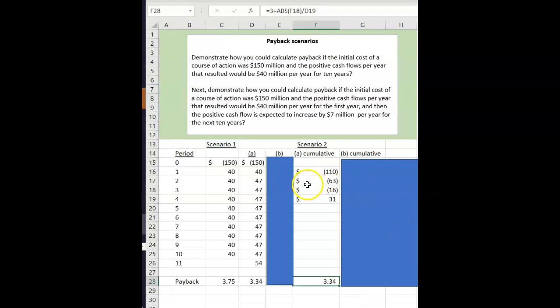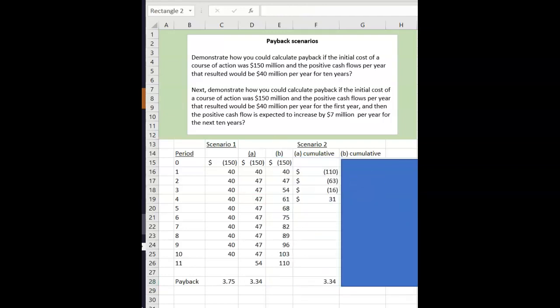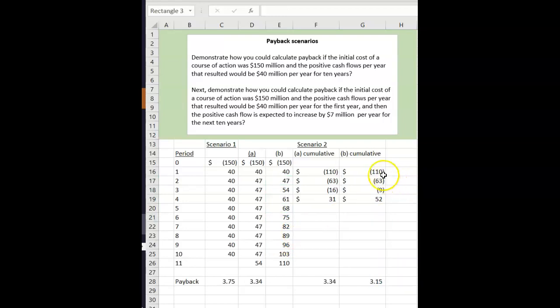Okay, now if instead you interpreted this problem as it increases by 7 million every year, then your only way is to use the cumulative approach. So now we've got different values, but it's essentially the same approach. We know we're negative 3 years, right? 3 separate rows. The period is a year, by the way.